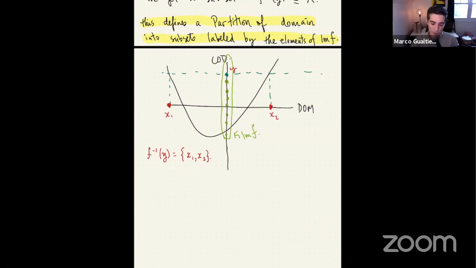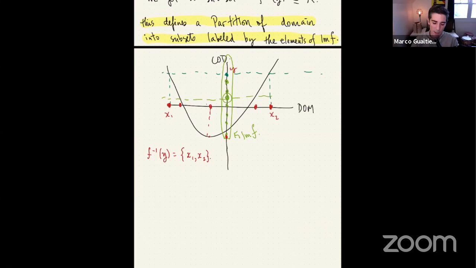And so if you look at all the pre-images of all these points, what are you going to get? For this one, for example, you're going to get these 2 points and so on. So for every point in the image, I'm going to get a pair of points, except for this point in the minimum. That's only going to have 1 point.